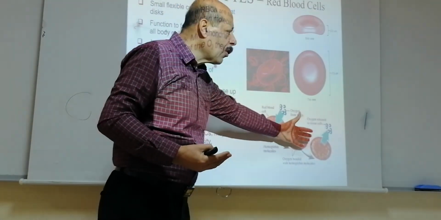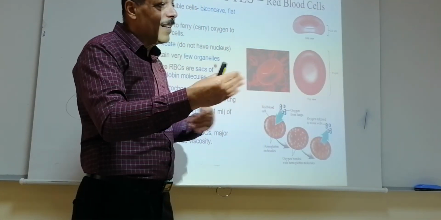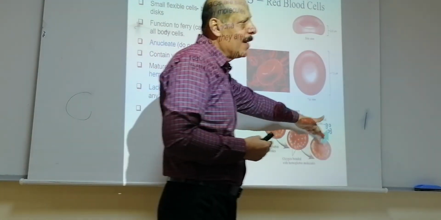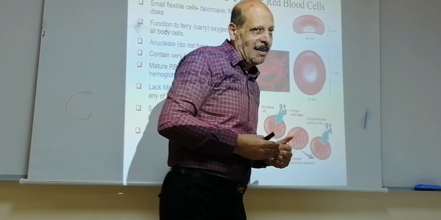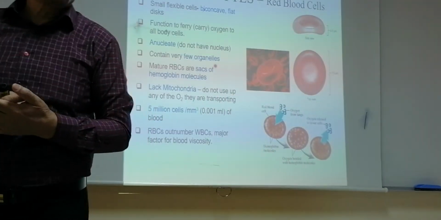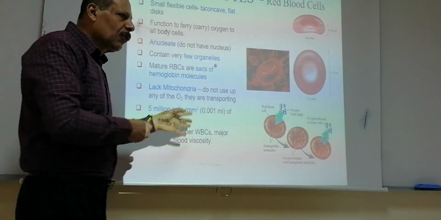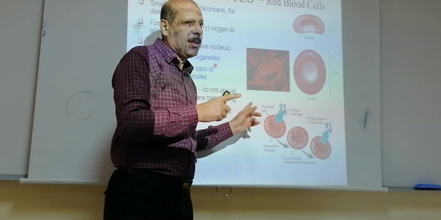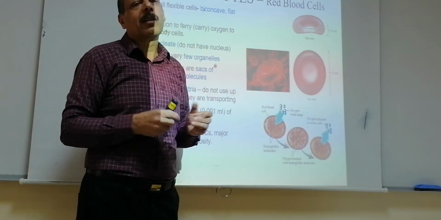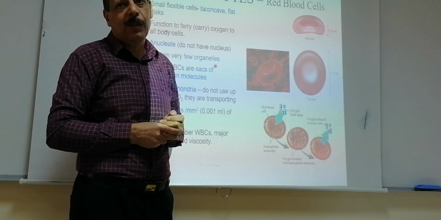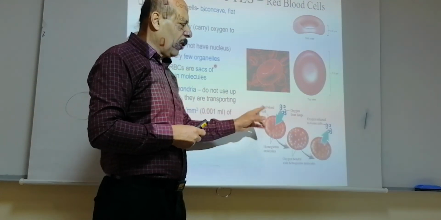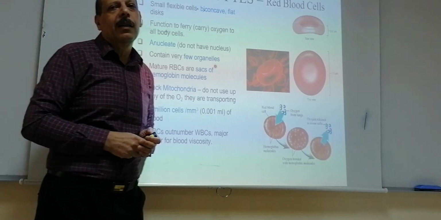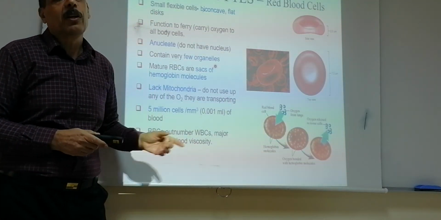Then the hemoglobin, due to the difference in concentration, will release the oxygen to the body cells. We will come to that and explain it fully when we take the respiratory system, both in fundamentals of nursing and in anatomy and physiology.